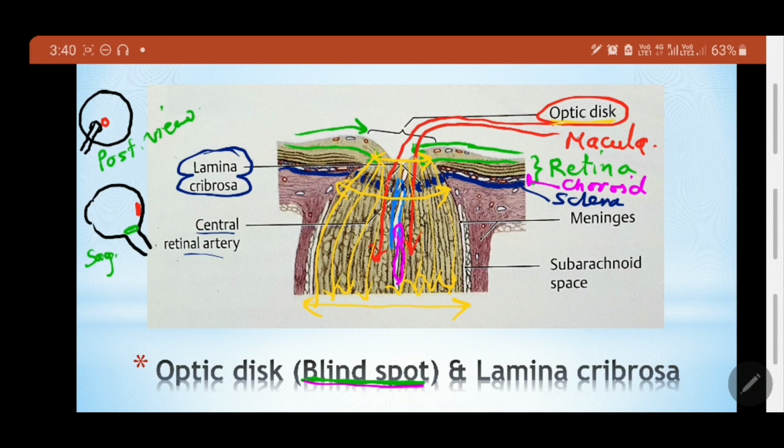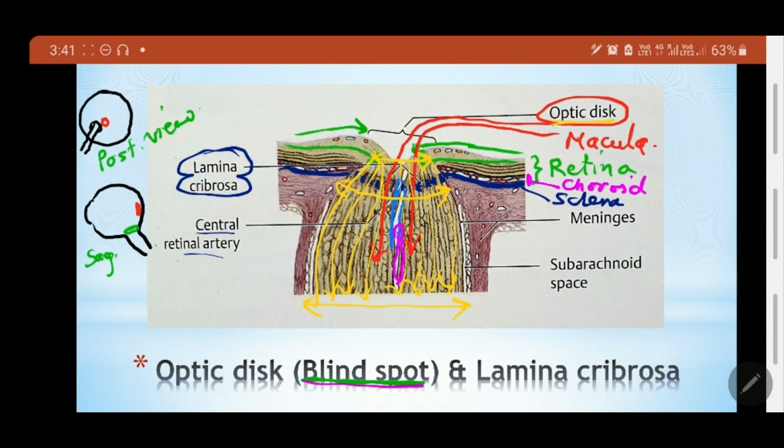And this has a very important significance: being so tightly packed, the neurons of the ganglion cells emerging out of the lamina cribrosa have of course chances of ischemia. Okay, so because of tightly packed nervous tissue, there are chances of ischemia at this point.